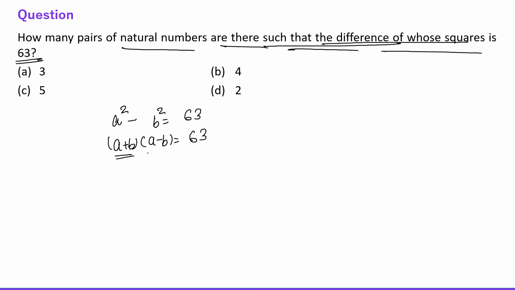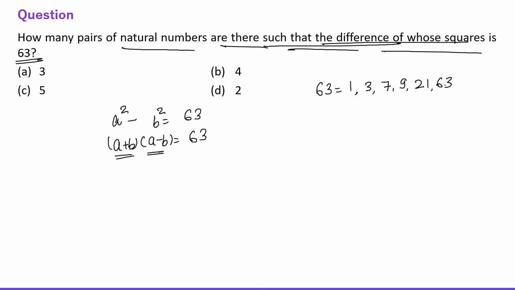Now here 63 is the product of two quantities. The first is A plus B and the second is A minus B. So if we write 63 as the product of two numbers, I'm just writing the factors of 63: 1, 3, 7, 9, 21, 63.